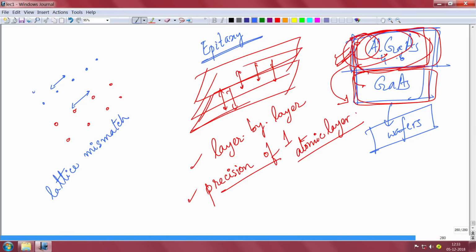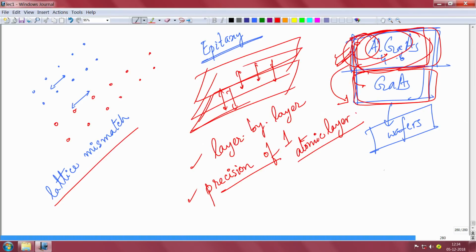When you grow aluminum gallium arsenide on top of gallium arsenide, you have a slight difference in the lattice, called lattice mismatch. Aluminum gallium arsenide and gallium arsenide have very negligible lattice mismatch, they are almost lattice matched. So that is not a good example. They have almost the same lattice constant, so they are called almost lattice matched.